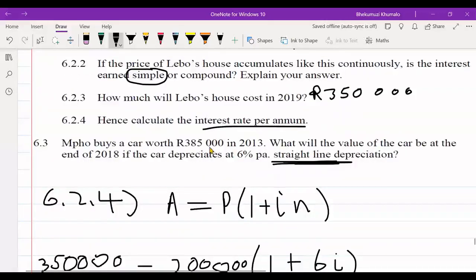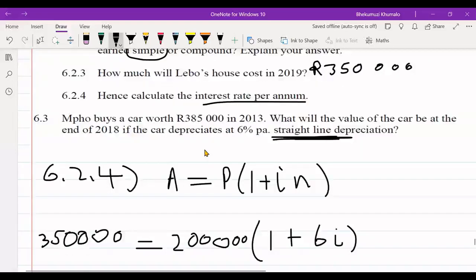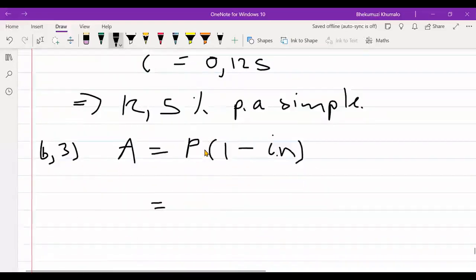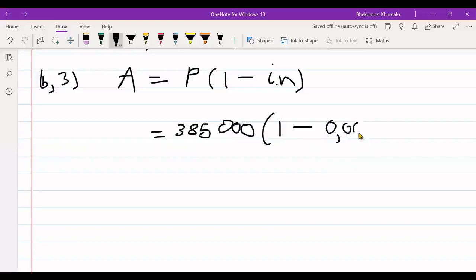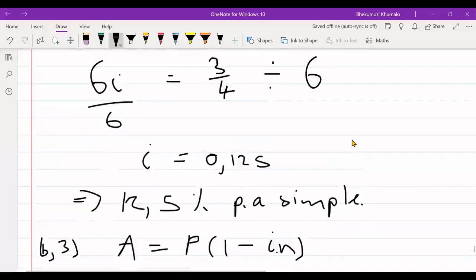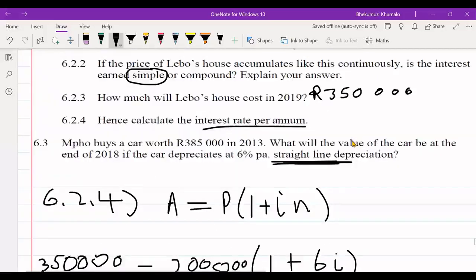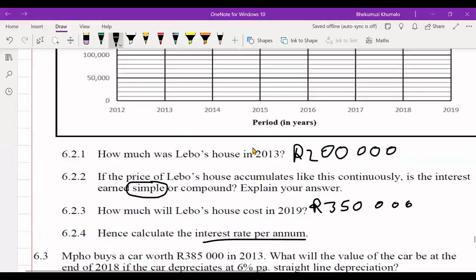Okay. So now they're asking us how much would it depreciate. So we take the biggest value, which is 385,000 as our present value, right? And then minus I, and our percentage in this case is 0.06. And our number of years from 2013 to 2018, that's 5 years.